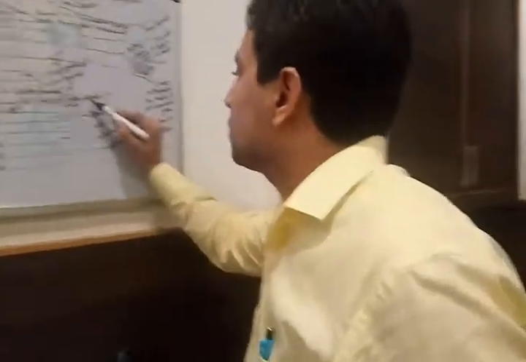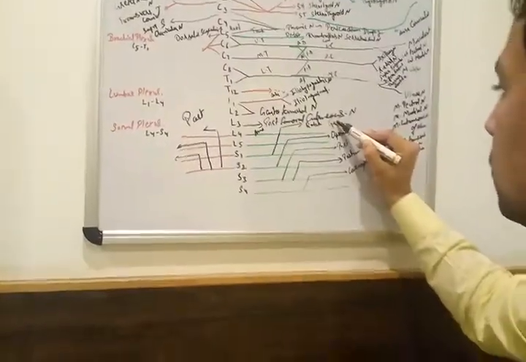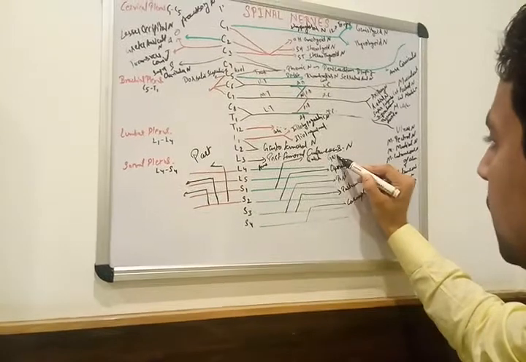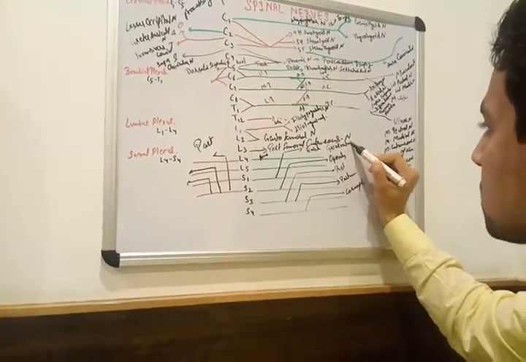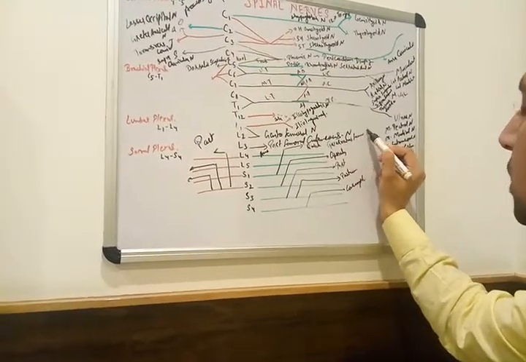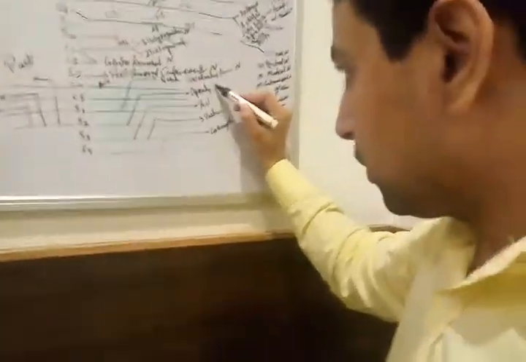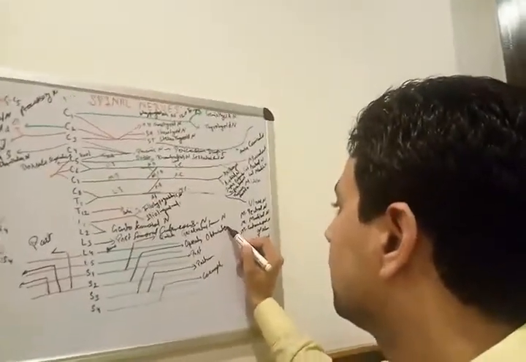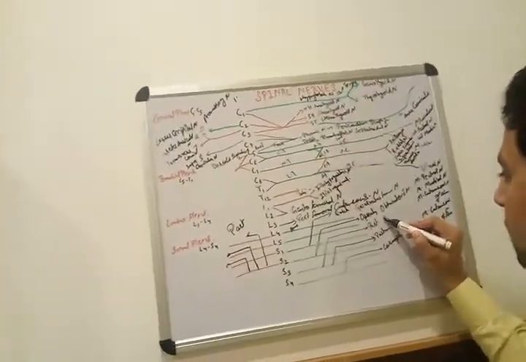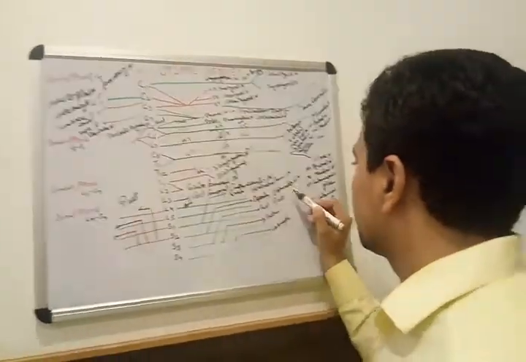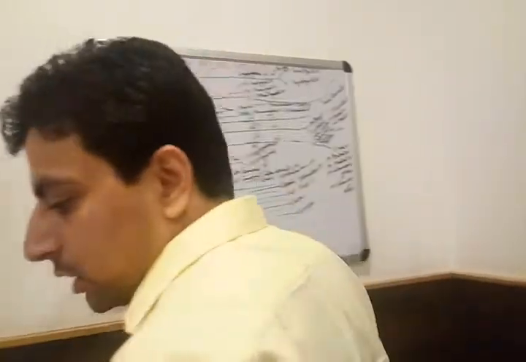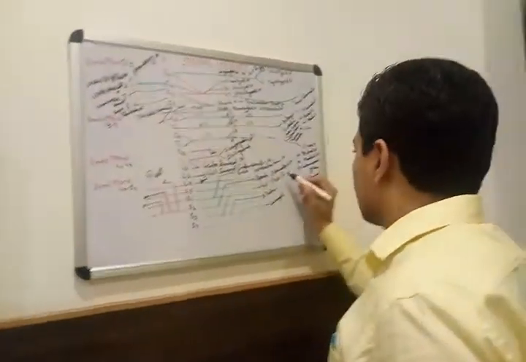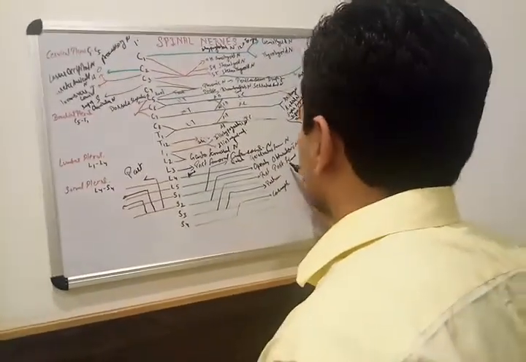Q is the quadratus femoris nerve, and O is the obturator internus nerve. P is the posterior femoral cutaneous nerve.